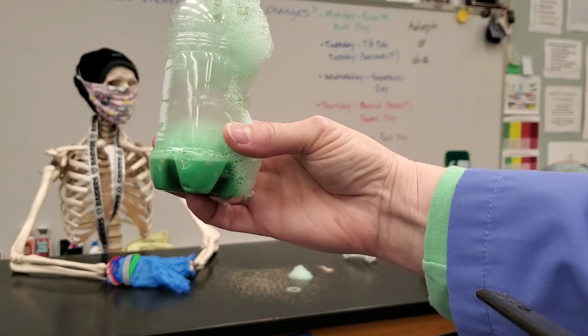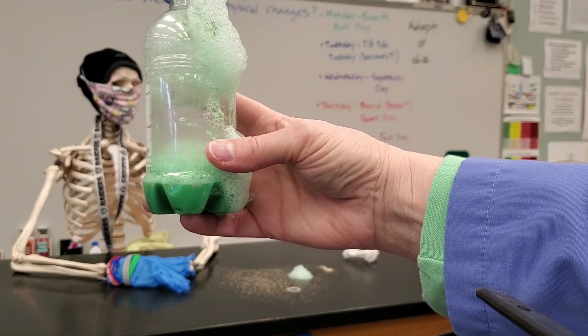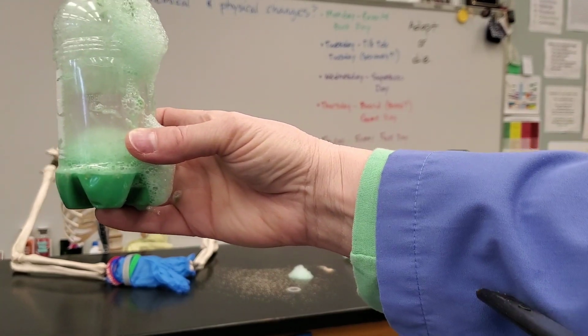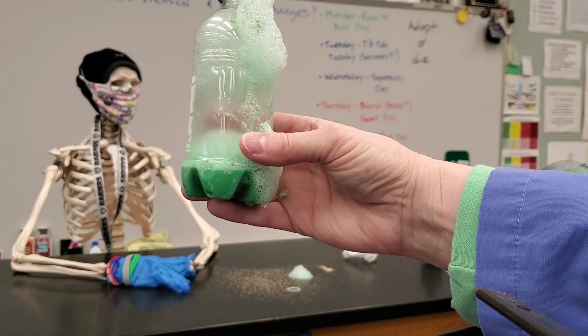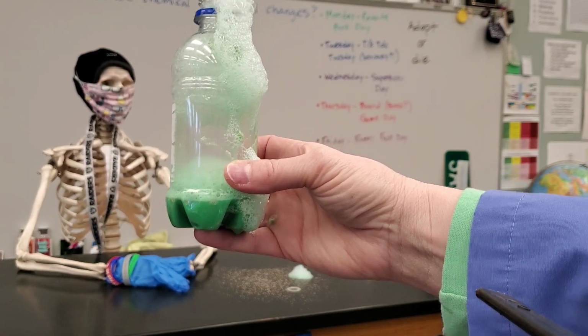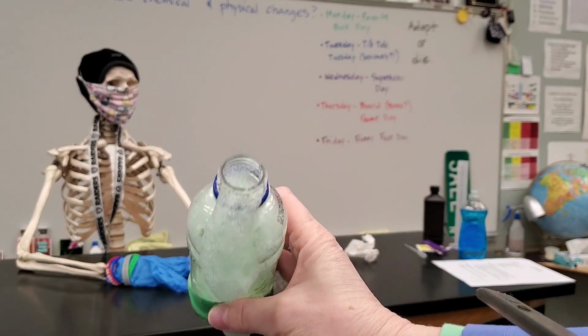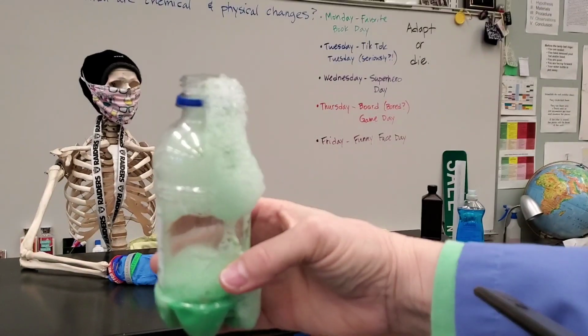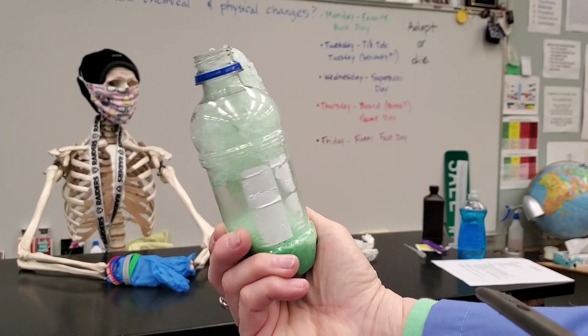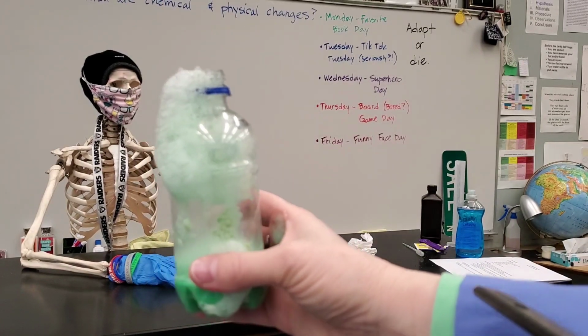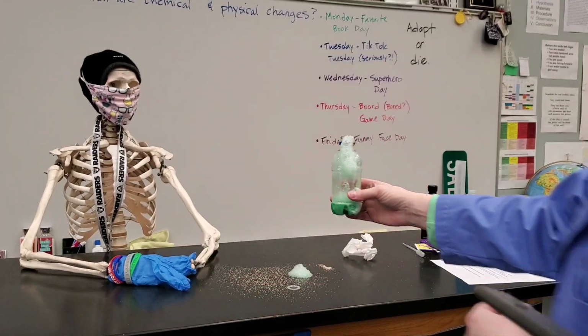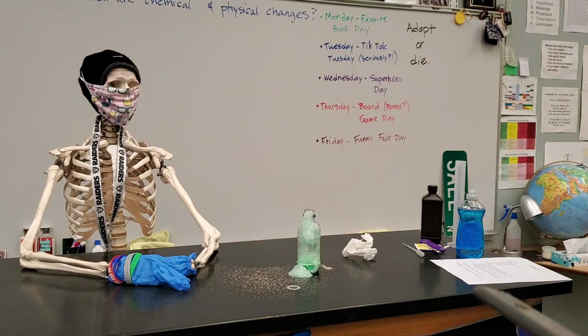And then there's a space there. You can see my finger behind. So there's a space. And then in the top, just the bubbles. Okay. Very cool.